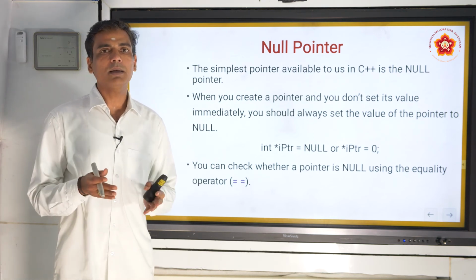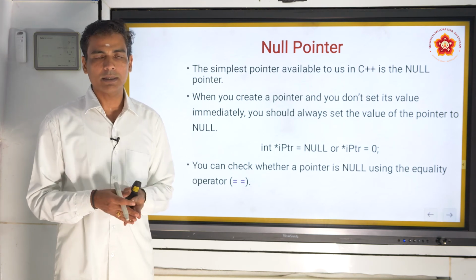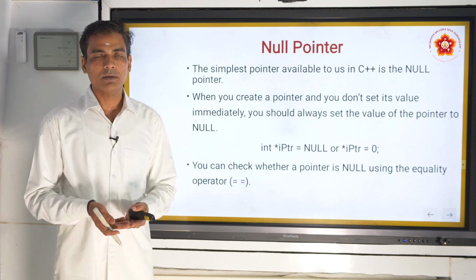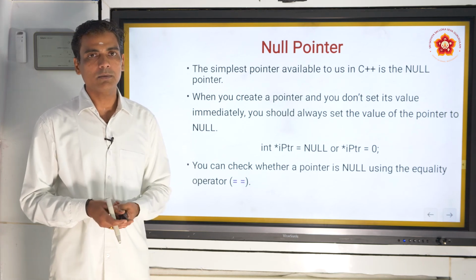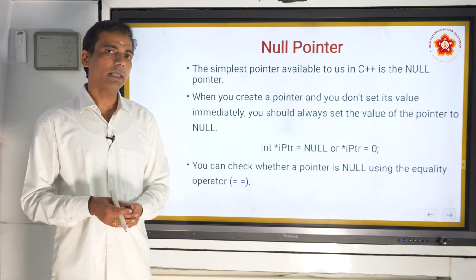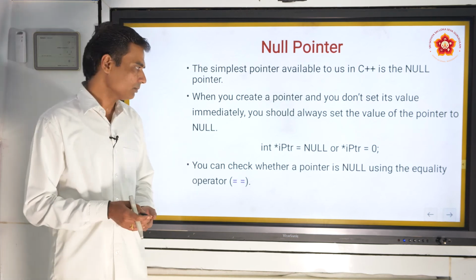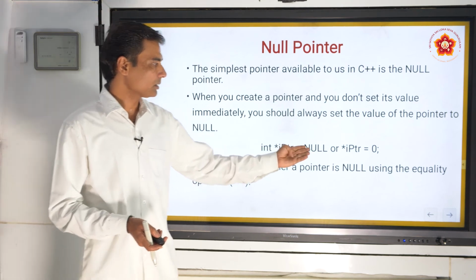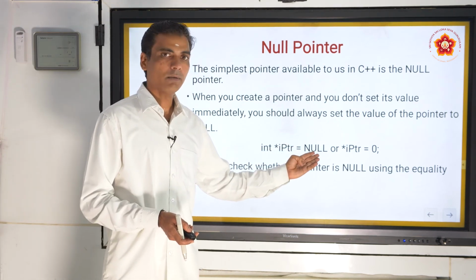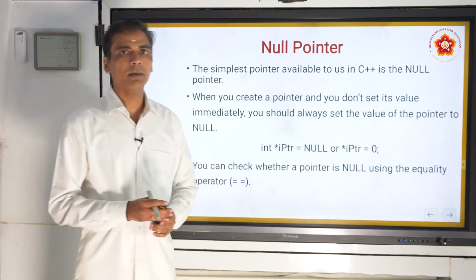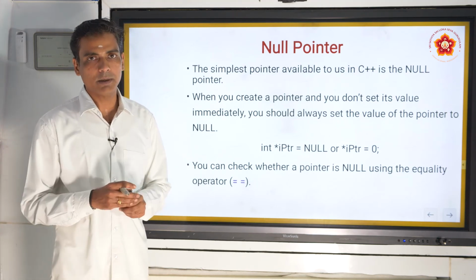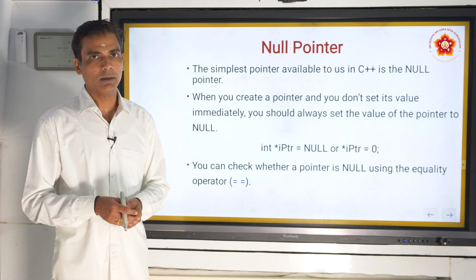It will simply remain as a dangling pointer. We call it a dangling pointer, a pointer which is not pointing to anything. So if a pointer is not pointing to anything, what is the use? So better, instead of leaving it as it is, you can assign a value null, or instead of null you can assign 0, so that it will not cause any problem, it will not be a dangling pointer.